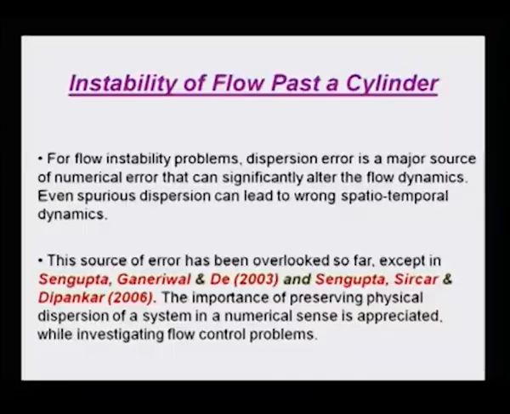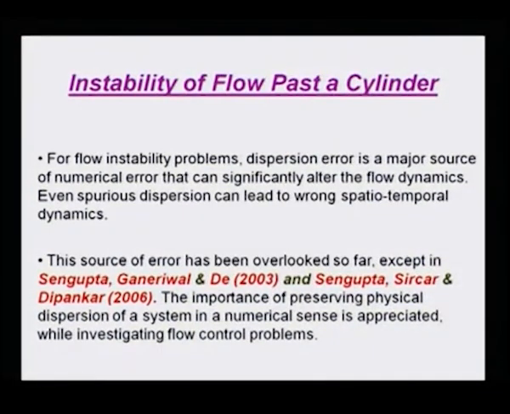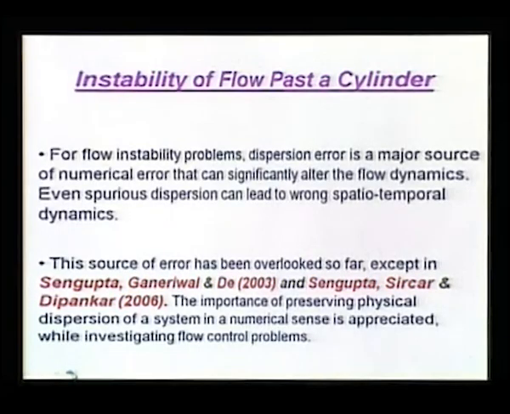Okay. Now, when it comes to numerical computation, one must also understand that you have to develop numerical methods which faithfully follow the physical dispersion relation. In most cases, when this is not done with care, numerical solutions are laced with dispersion error, and that can really alter the flow dynamics qualitatively.